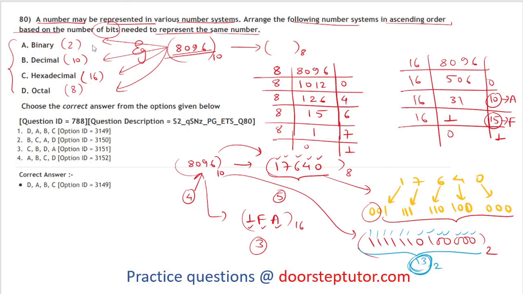So we can arrange these number systems according to the number of bits required to represent the same number. The largest number of bits is required in case of binary, so that will be at the last. So binary is requiring the largest number of bits, then octal, and then decimal and hexadecimal.